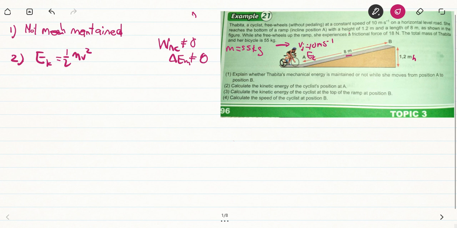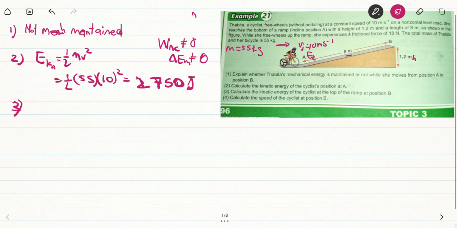We know that the speed at A is 10 meters per second, so we find the kinetic energy at A by substituting that speed. This cyclist weighs 55, and V at A is equal to 10. So 10 to the power 2 gives us 2,750 joules.